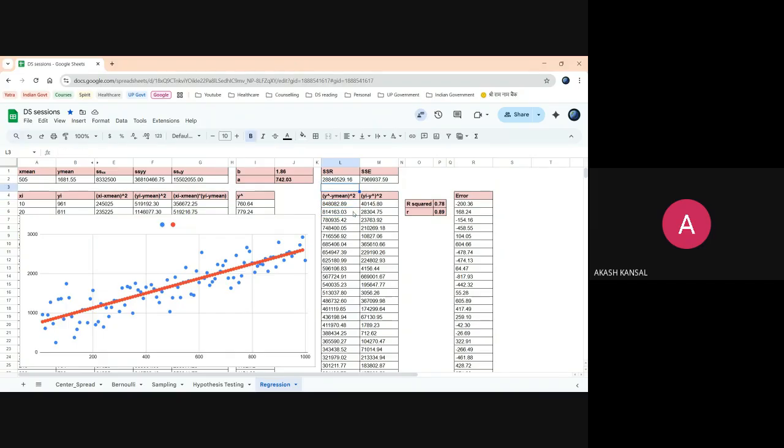Now, we calculate the SSR as well, the variability. The regression component, which is the sum of (y cap minus y mean) squared, and the sum of squares of errors, which is the sum of (yi minus y cap) squared.